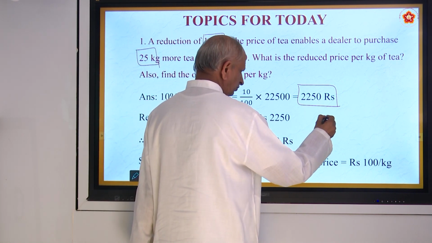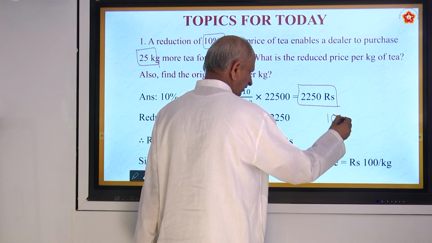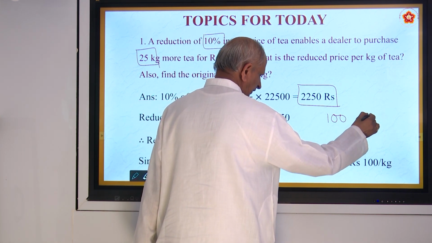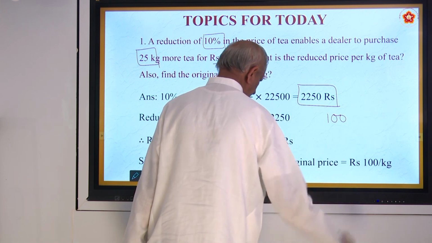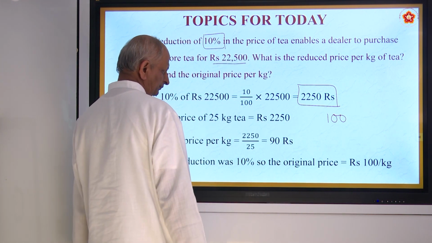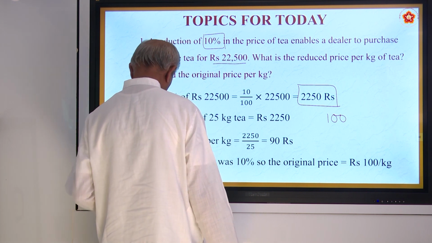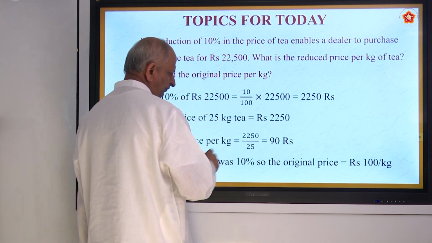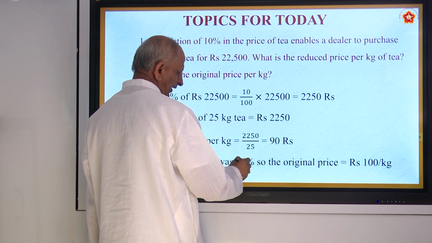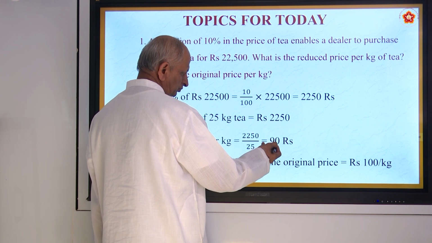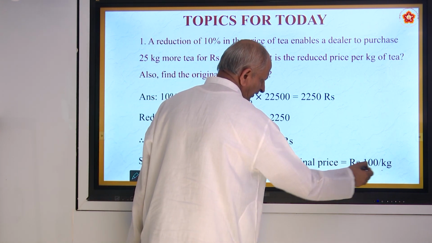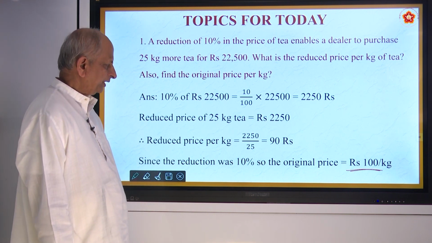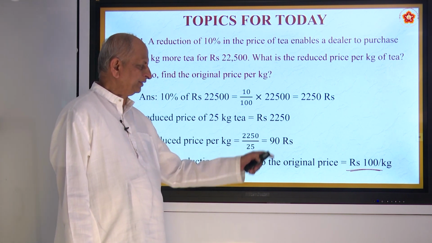So if 100 is the original price, that is sold for 90 rupees. 100 rupees per kg. So 10% means what? For 100 rupees it is 10 rupees. That is the meaning. So the cost will be 100 rupees per kg. Is it not? So 10% reduced means it will be 90 rupees.